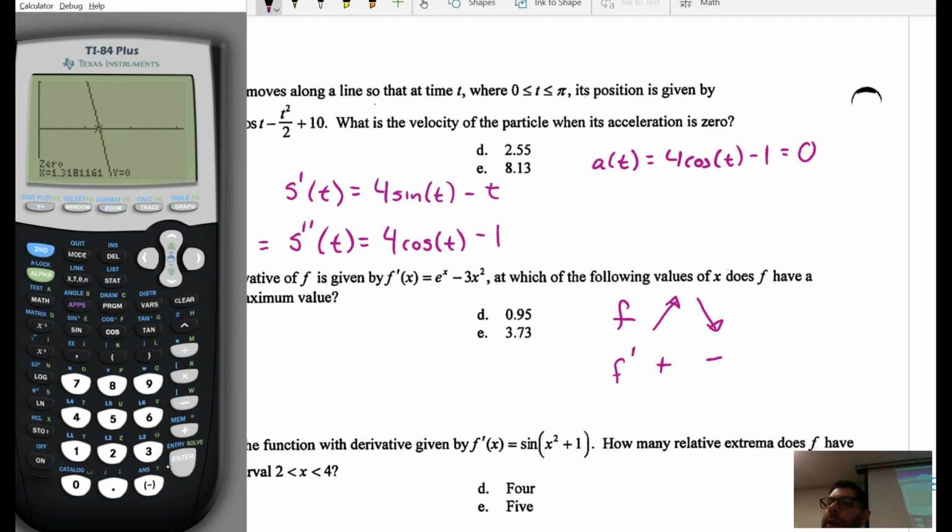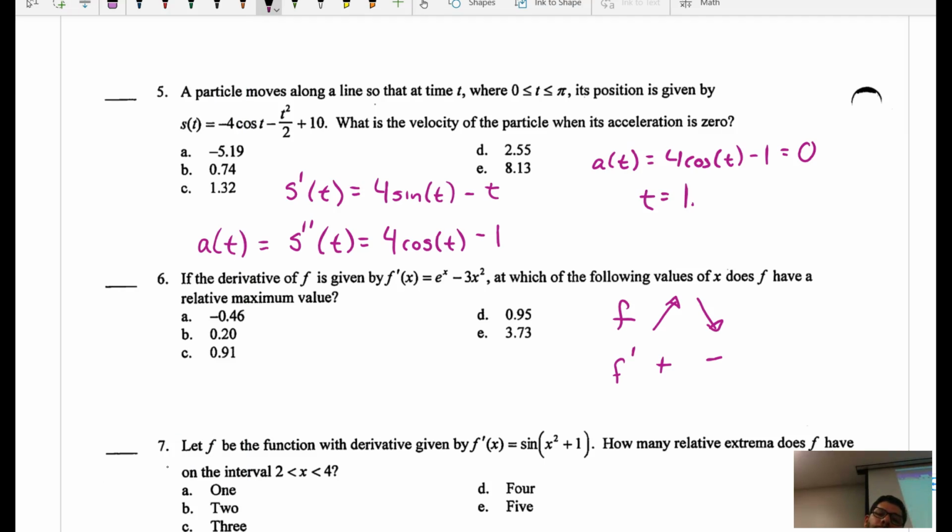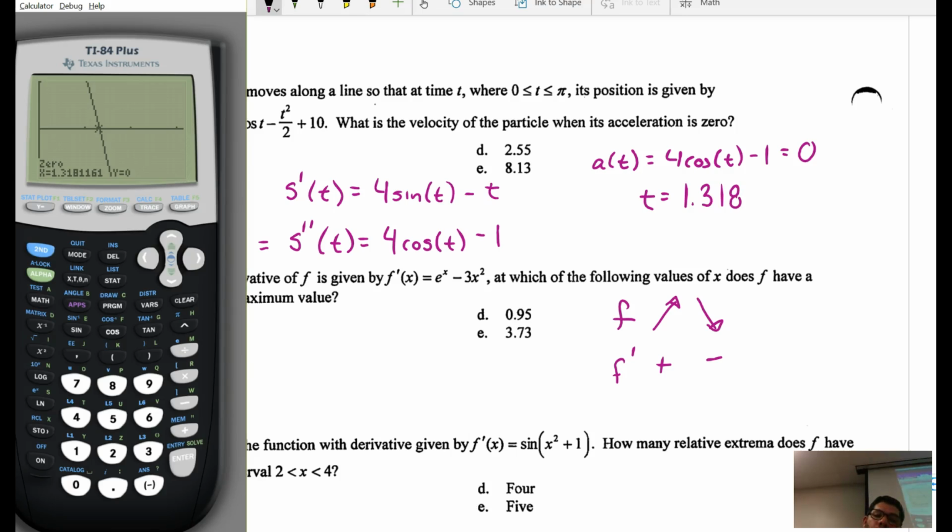Is this the x value that we're looking for, or is this the answer? It is an answer choice, right? But it's not the answer to the problem. This is t equals 1.318. Is that what it is? Okay.